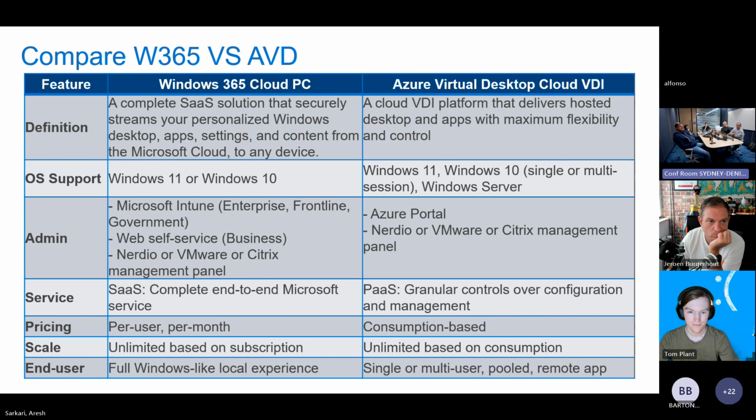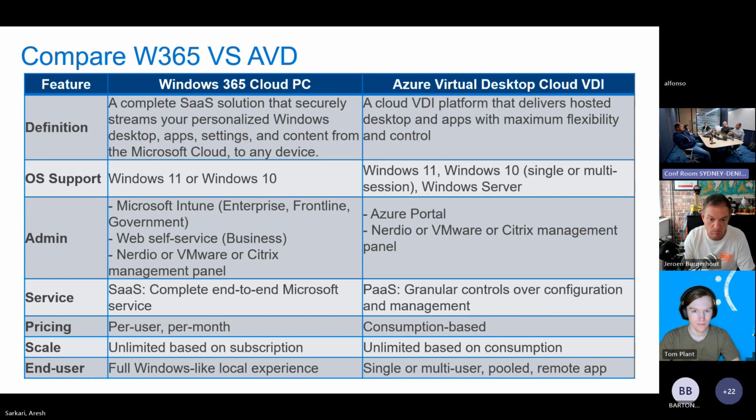What I have seen in the market, especially in the enterprise segment, is people doing both. If you want a desktop, people are going down the route of Windows 365, giving you a one-to-one desktop. If you want apps on top of it, people are delivering apps through Azure Virtual Desktop RemoteApp. And that's essentially under the hood multi-session.